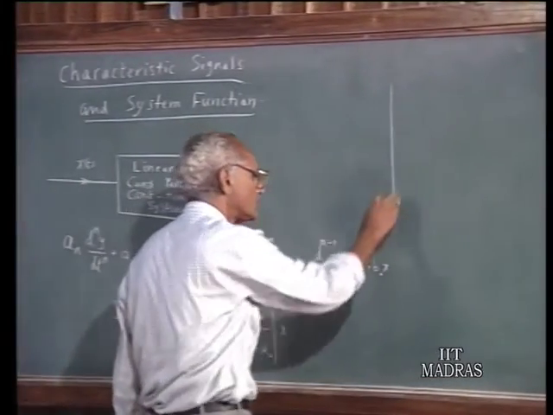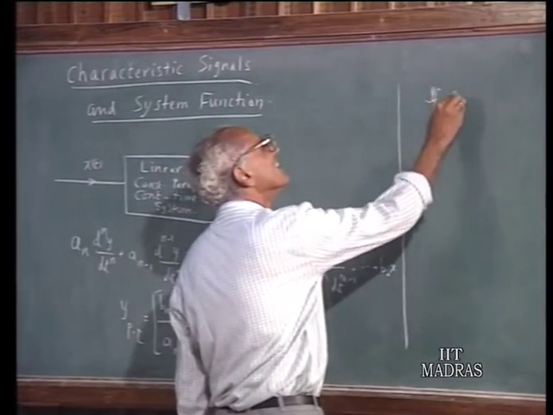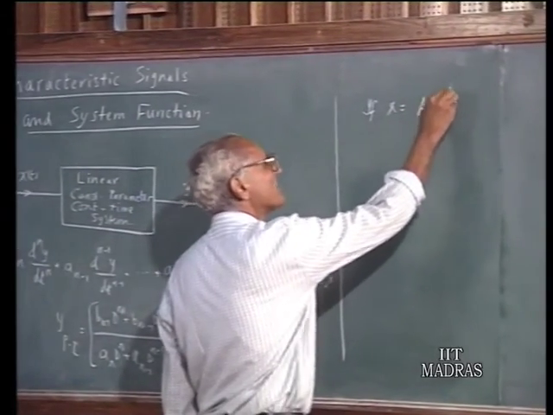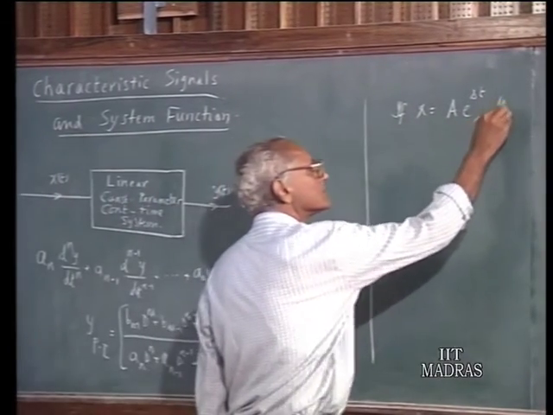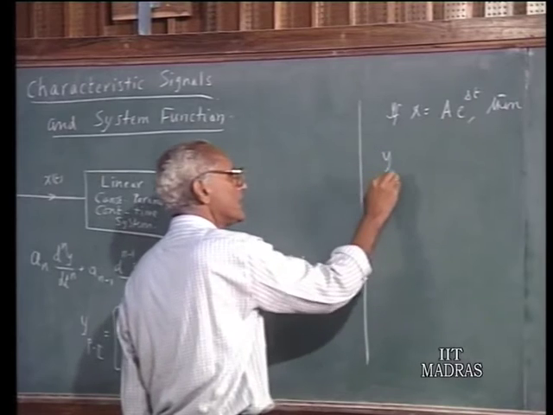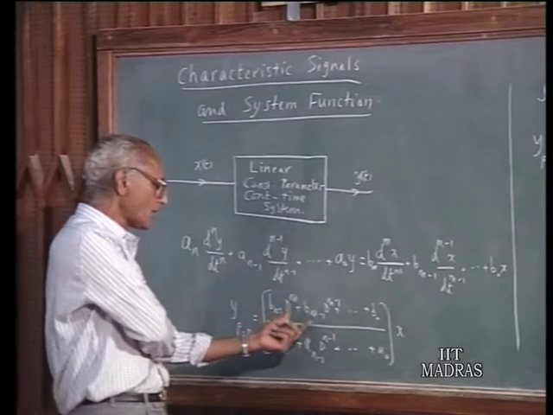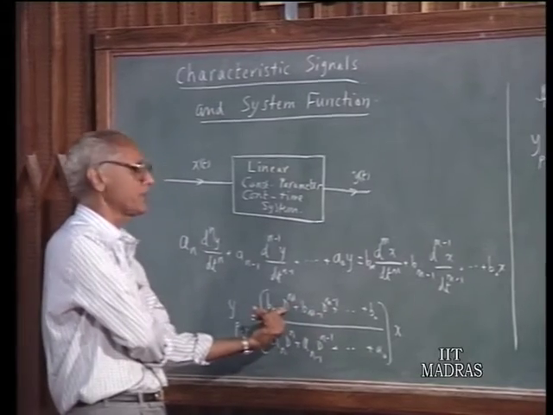Now, it turns out that if the input function is of a particular type, an exponential function A e to the power of st, then the particular integral solution is this operator operating on A e to the power of st. From the theory of differential equations, whenever you have an exponential function, this operator function can be thought of as an algebraic function where D is replaced by a particular value of s.